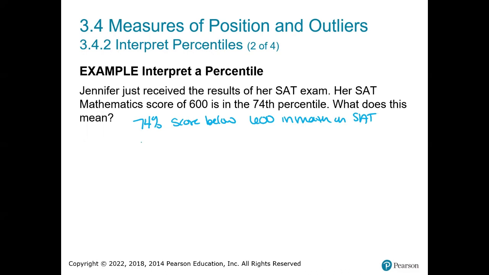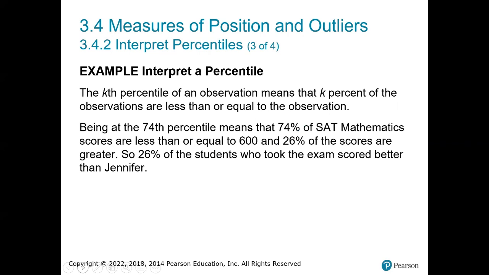Or I could say the opposite: 26% score above 600 in math on the SAT. Which I'm pretty sure is written on the next slide. I forgot the slide was there, so I wrote it out for you. Same thing here: 74% of SAT math scores are less than or equal to 600, and 26% of them are bigger. So 26% of the students did better than Jennifer.